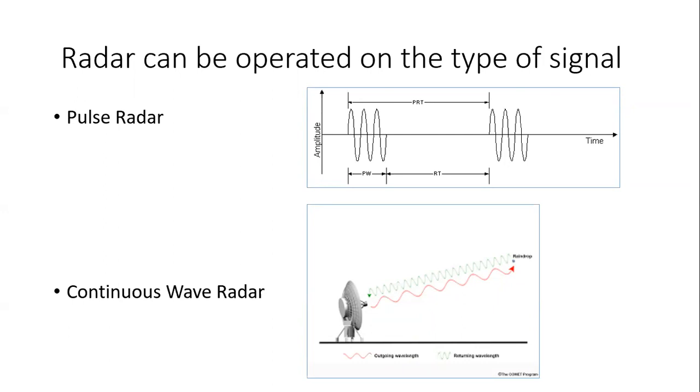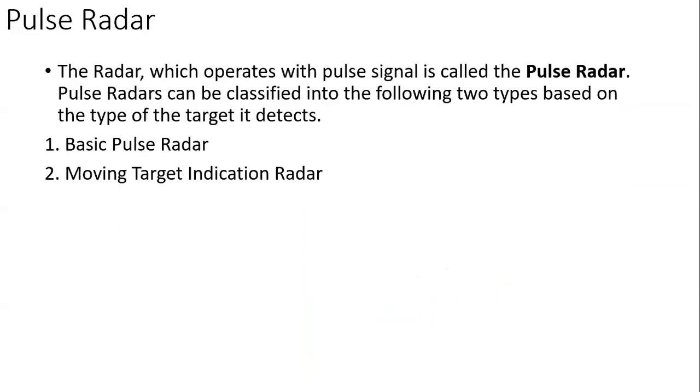We can also use it as continuous wave radar. Again, depending upon the application, we will pick either pulse radar or continuous wave radar. Pulse radar is basically used to find out weather conditions, to find out mines, and it can also be used in submarines.